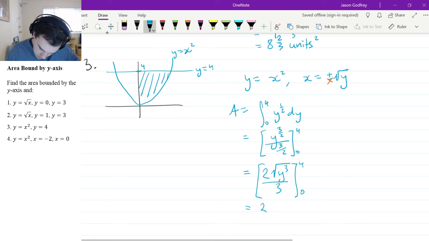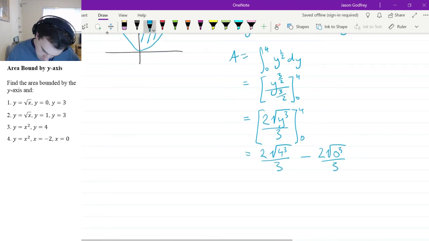And now we can substitute in 4, and minus substituting in 0.